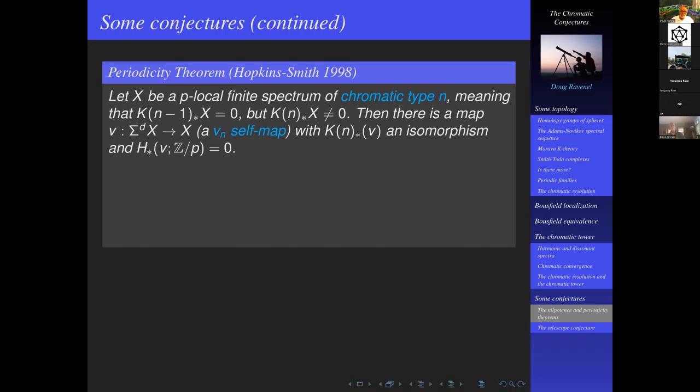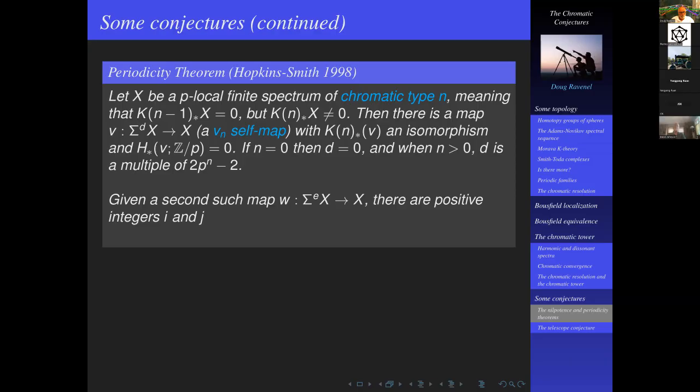Then there is a map, what we call a v_n self-map, from some positive suspension of X to X that induces an isomorphism in Morava K-theory, but the corresponding map in ordinary mod p homology is 0. There is such a map. Now, if n equals 0, then d has to be 0. If n is positive, then d has to be a multiple of this number.